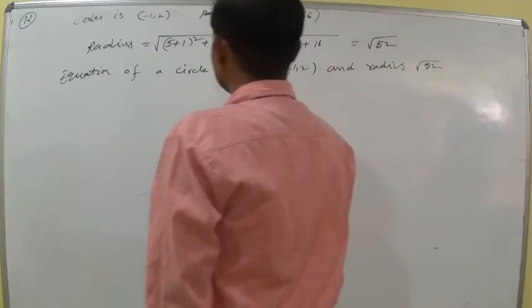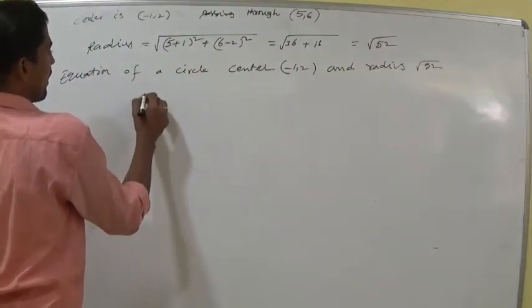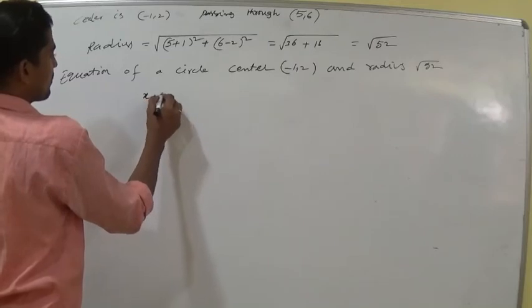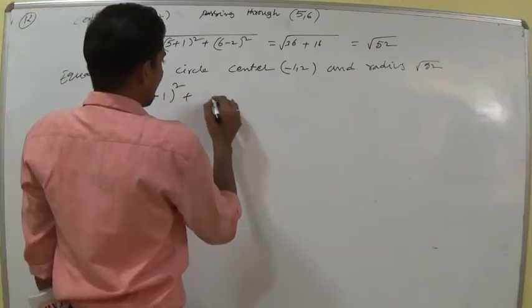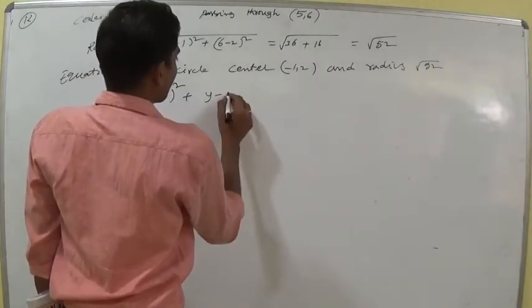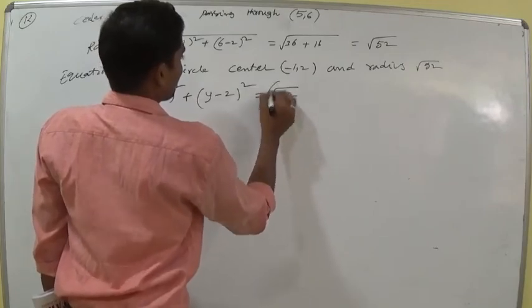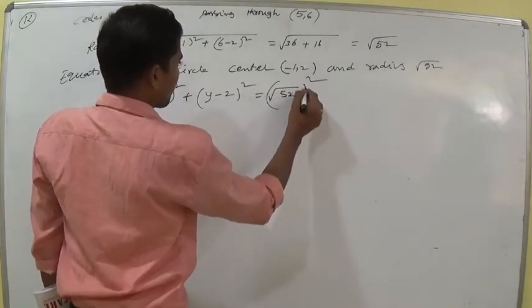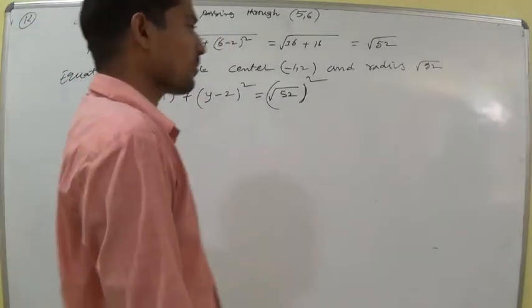Then x minus, I mean to say, x plus 1 whole square and y minus 2 whole square is equal to r square. Remember the formula: x minus a whole square plus y minus b whole square is equal to r square.